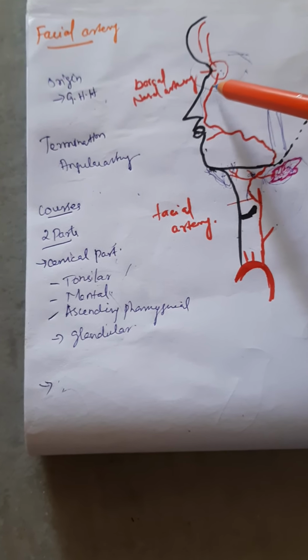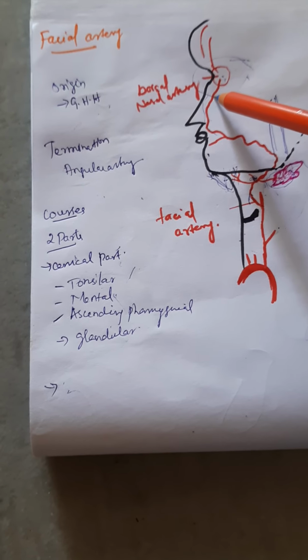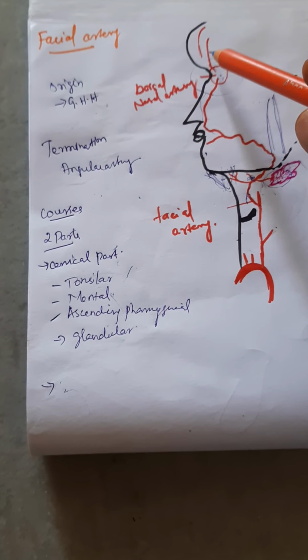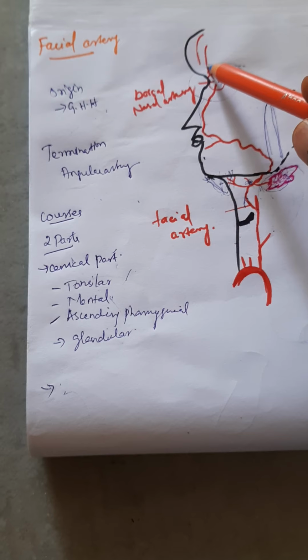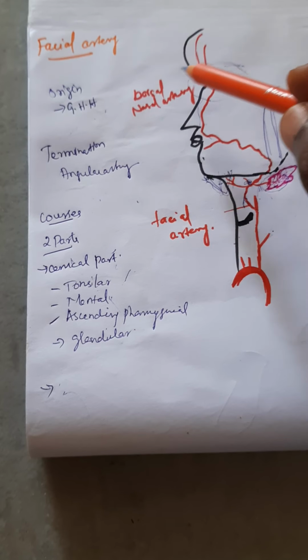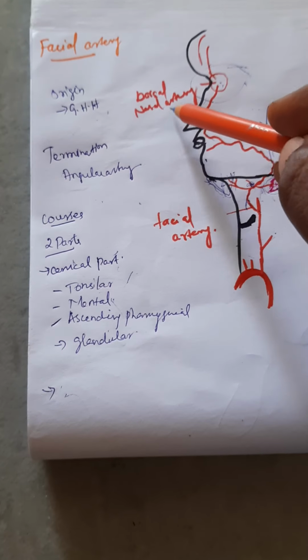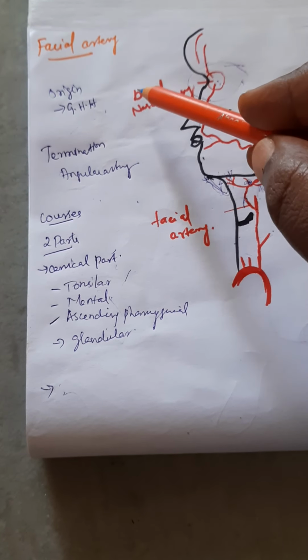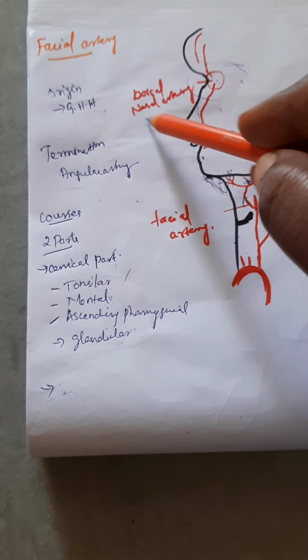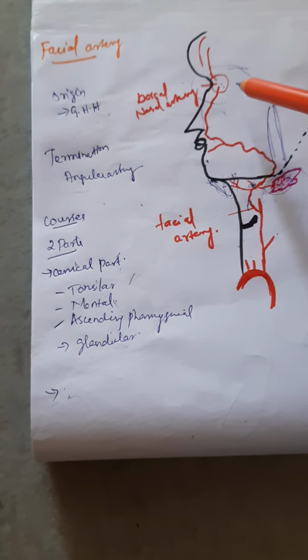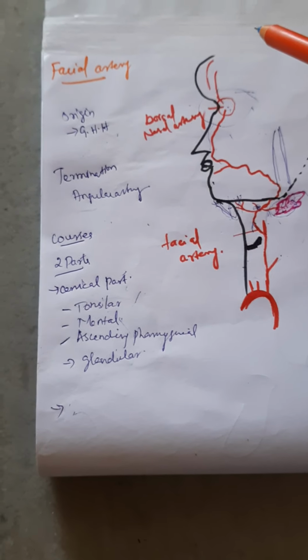Clear? The lateral nasal artery will anastomose with one of the branches of the internal carotid artery, the ophthalmic branch, that is the dorsal nasal artery. The lateral nasal artery and the dorsal nasal artery anastomose with each other. Here you can see the beauty.